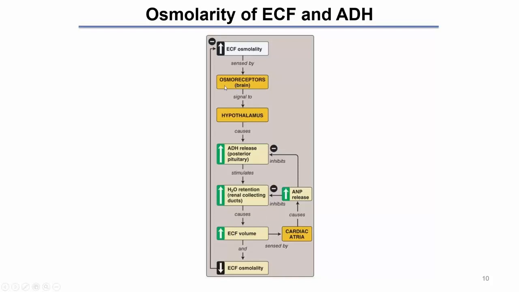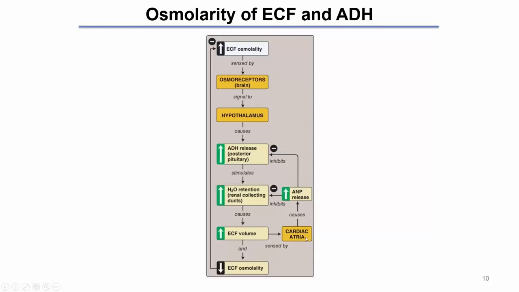Osmoreceptors will start swelling, and as a result of the increase in ECF volume, that is detected by the blood flowing back into the atria in the heart itself, both the left and right atria, because we have increased blood volume, right? That's what ECF volume is. An increase in ECF volume is an increase in both the volume of interstitial fluid and plasma. So that's really going to mean an increase in blood volume.